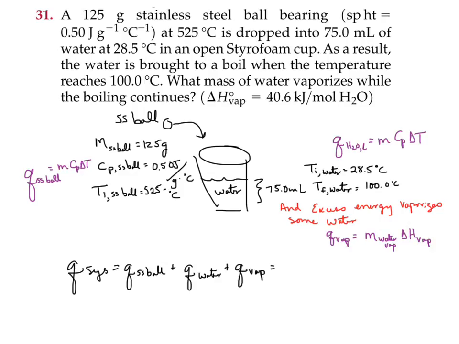You have an energy change of the water, it's going to heat up. And some extra energy is going to vaporize a certain amount of water. How much water will be vaporized? Within your system, here are your energy swaps: your stainless steel ball losing energy, your water picking up energy, and some of that water picking up enough energy to be vaporized.